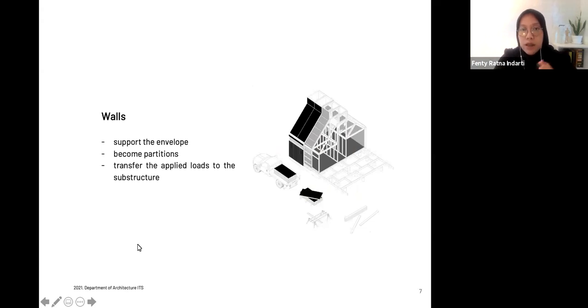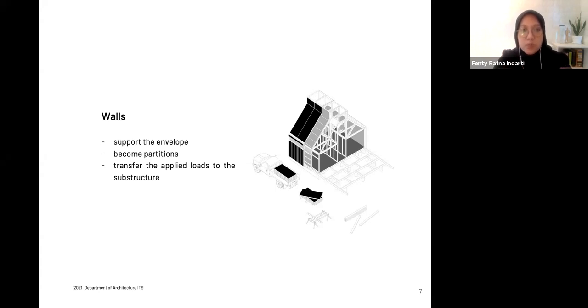Walls itself, as I mentioned before, has several functions. First, support the envelope. If we are talking about the walls, we are talking about the structure inside the walls, which becomes the supporting element of the envelope, and then also becomes partitions.